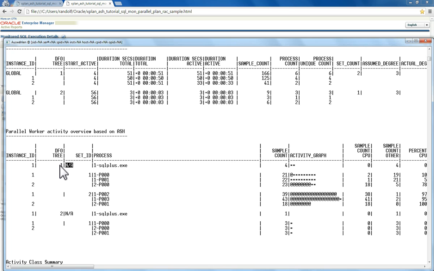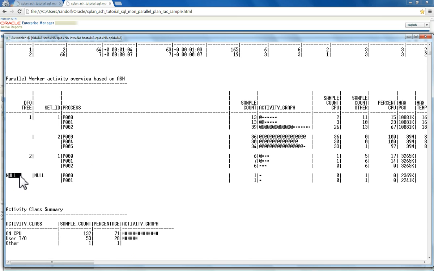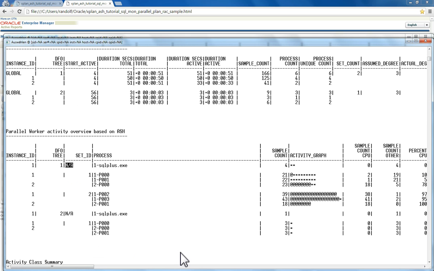Then again it would show up with this null in older versions, or in more recent versions with this NA, like in this report here, in this section when it cannot be related to any DFO tree.